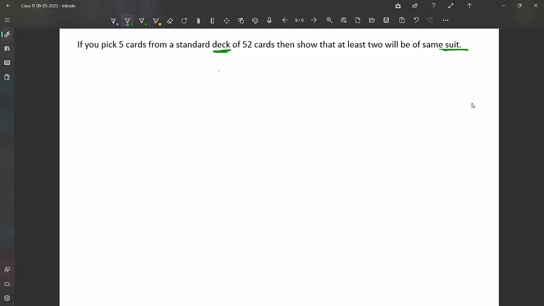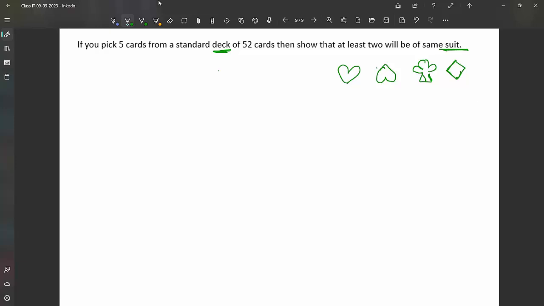In a card, there are basically 4 types of suits. This diamond, spade, club, heart. Is there nobody who knows about these cards? So these are the 4 suits of the card available.